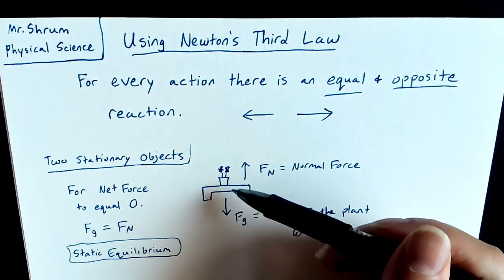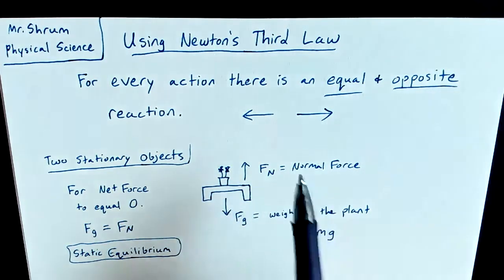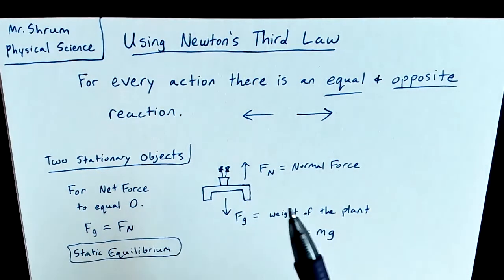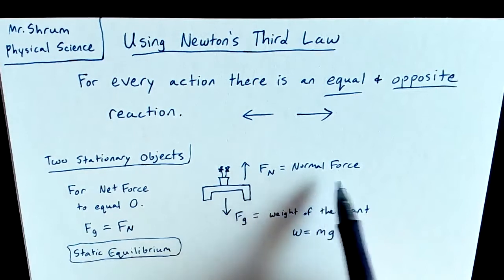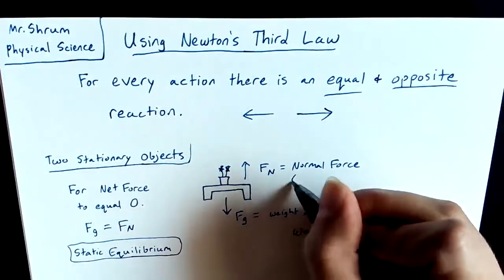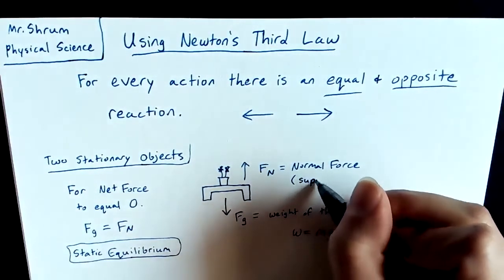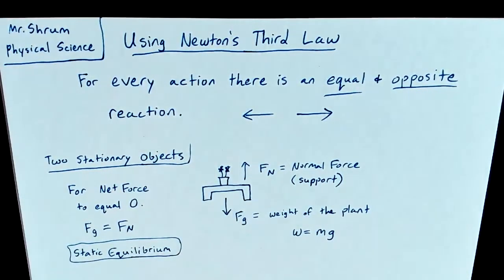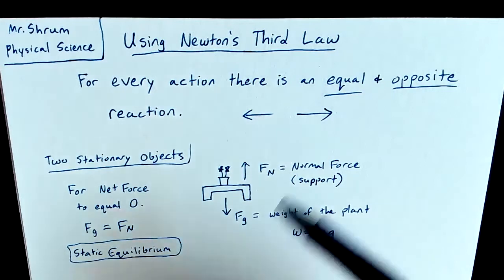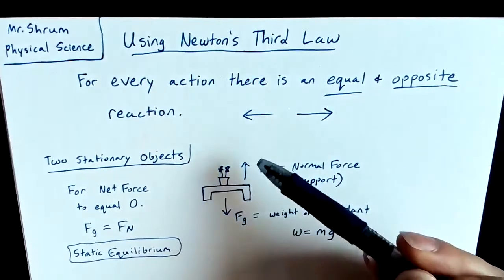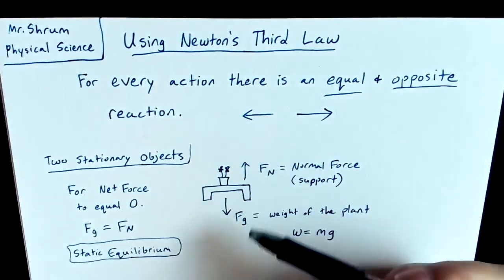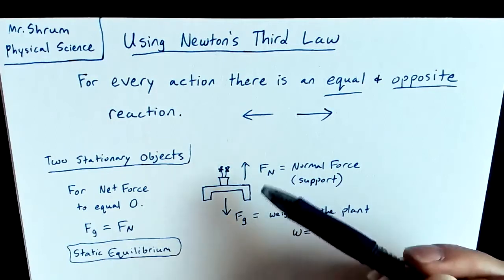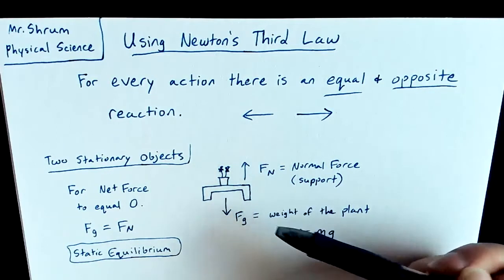Gravity is pulling that plant downward. But there is an equal and opposite force keeping it in place. And that is called the normal force. Sometimes that is called the support force.